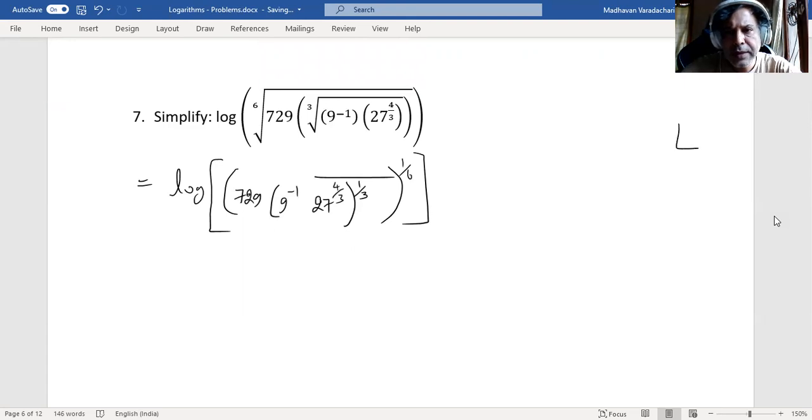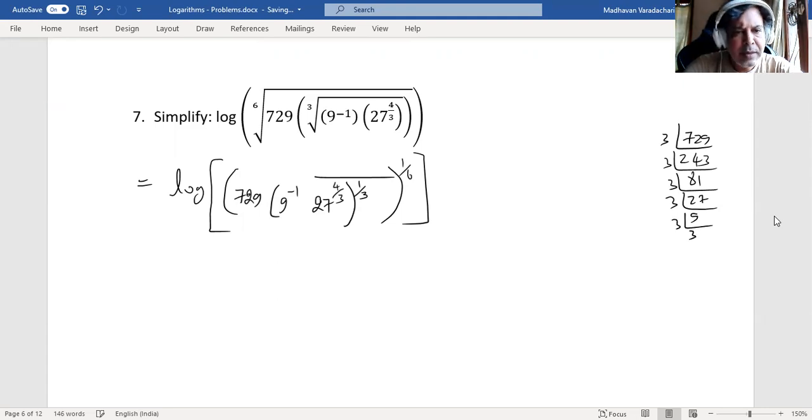Now let us factorize 729. 3 2s are 6, 3 3s are 9, 3 9s are 27, 3 27s are 81, 3 81s are 243, 3 243s are 729. That means instead of 729, I can write it as 3 power 6.